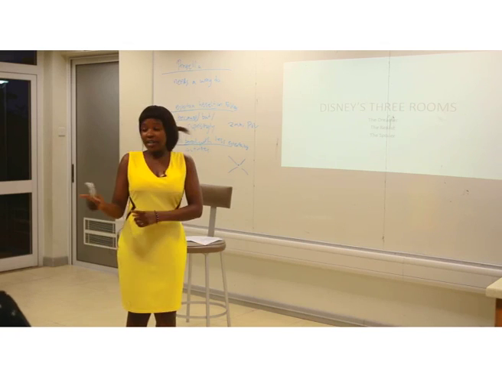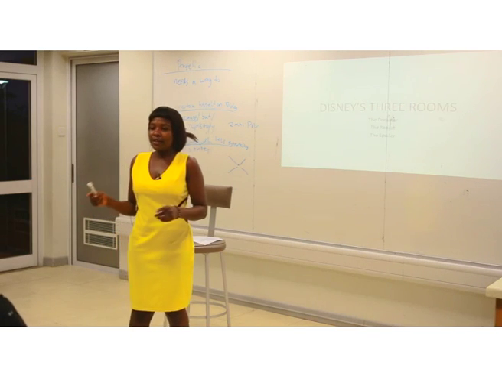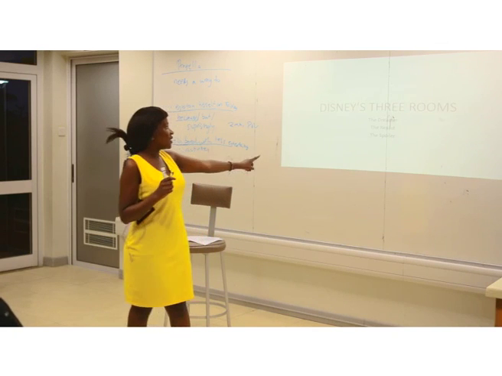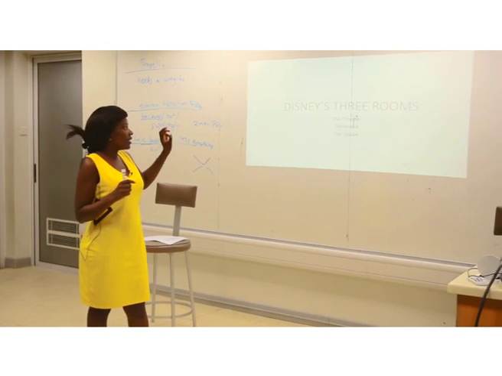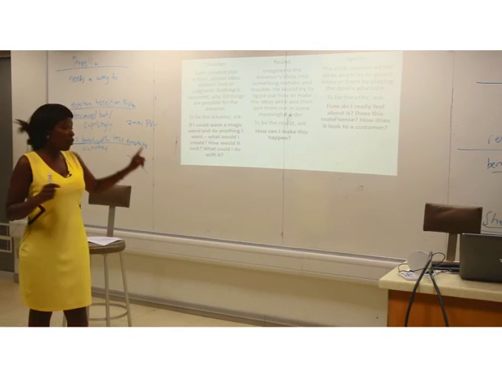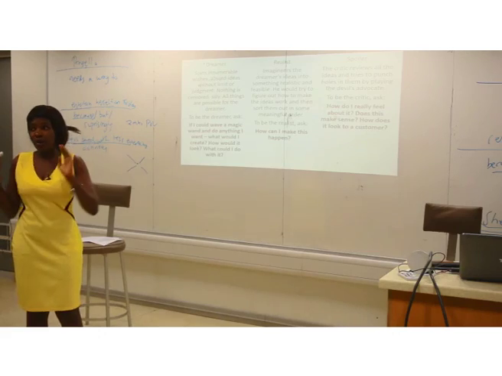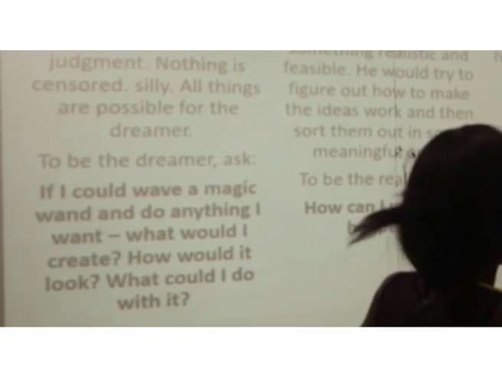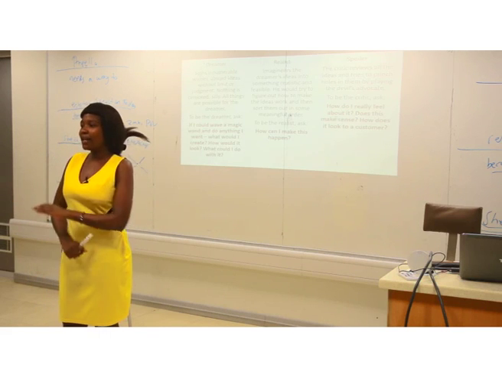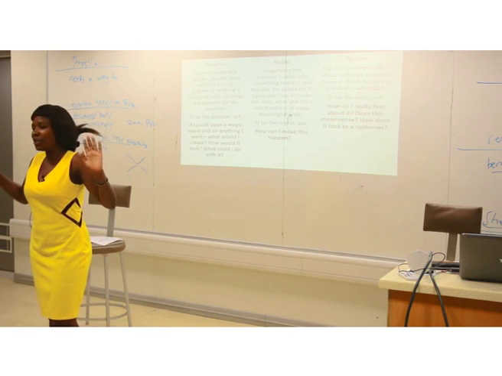And to finish this activity we've just started, we are going to use Disney's 3 rule. It has 3 stages: the dreamer, the realist, and the spoiler. By the way, these were first used by Walt Disney. Okay, so the dreamer stage, this is the point whereby we put everything aside, we just go into the world of imagining.